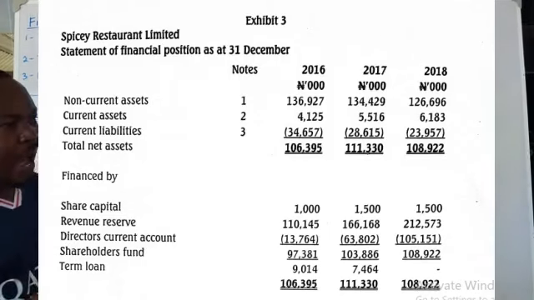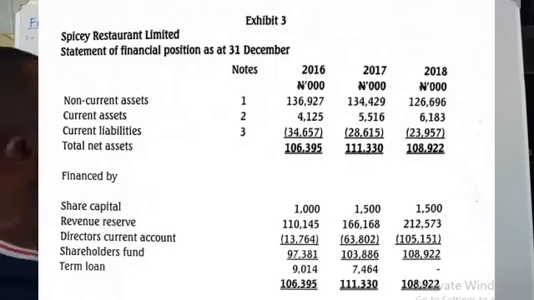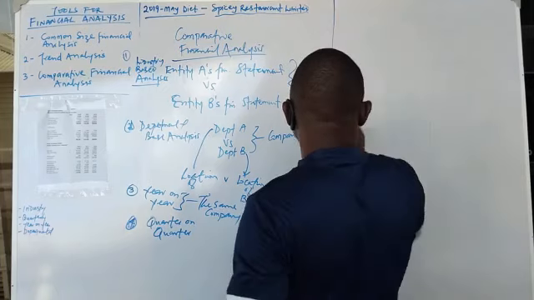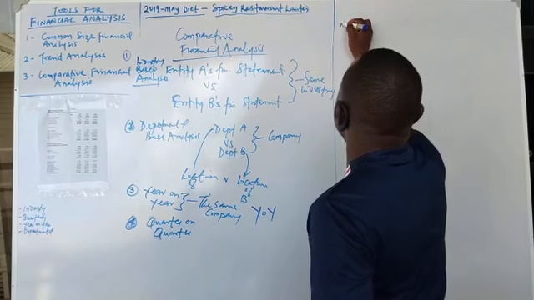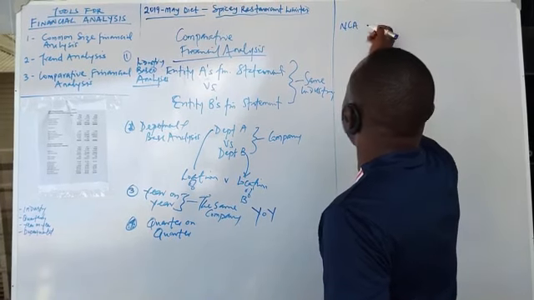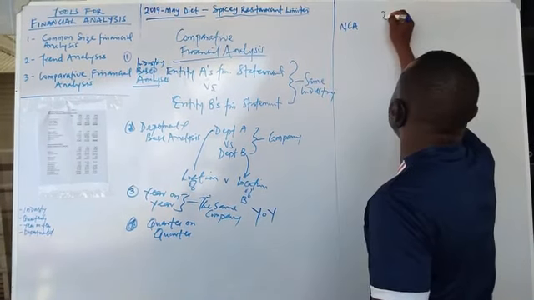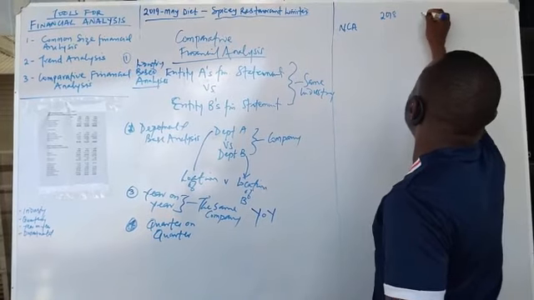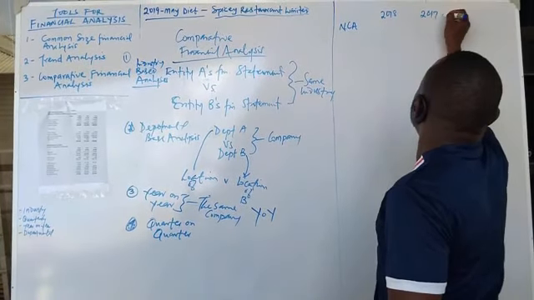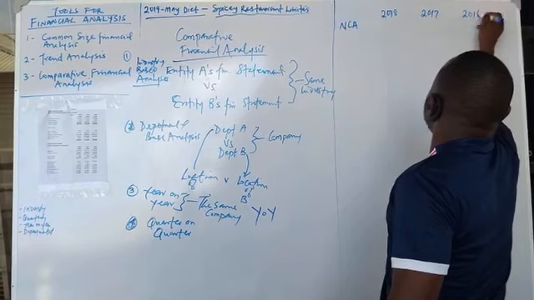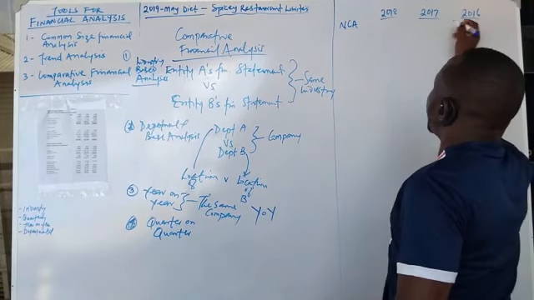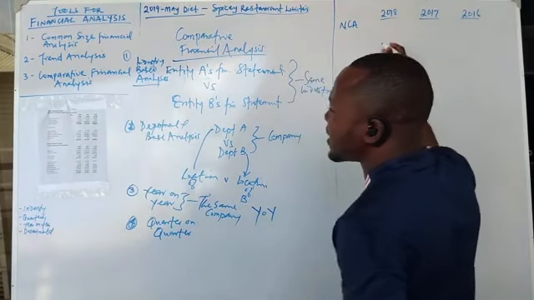Are they growing? Are they not growing? In fact, let's take one example before we round up the class. We'll use the non-current asset, NCA, for 2018, 2017, and 2016. Okay, what are the values of non-current asset for 2018?